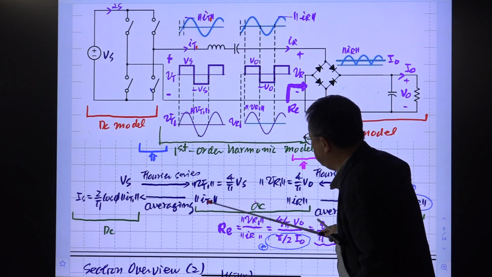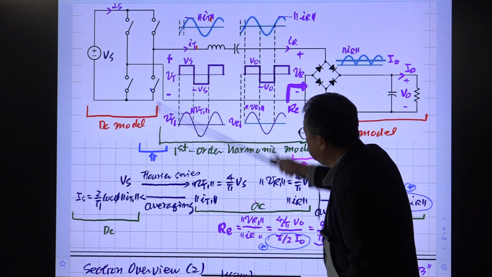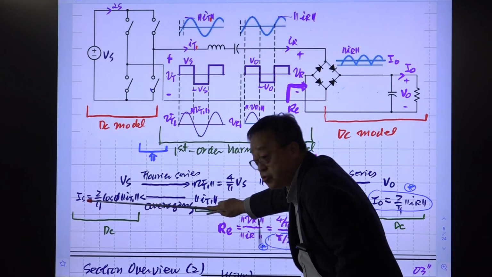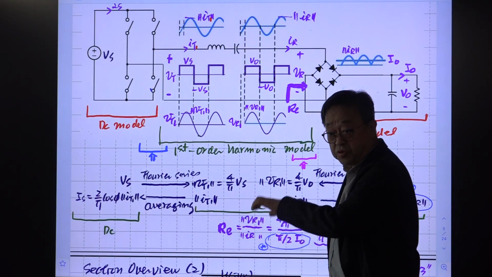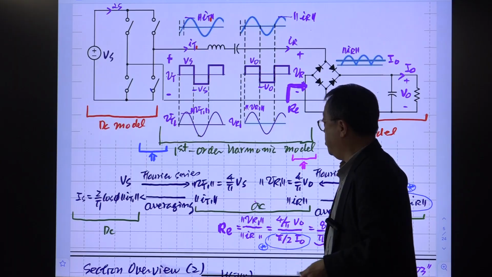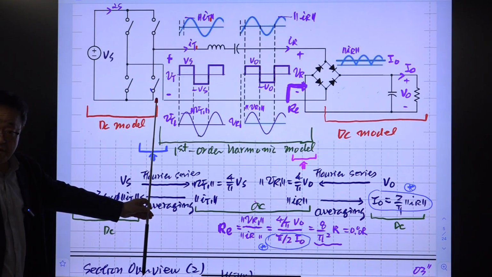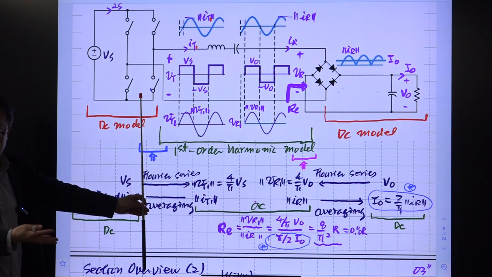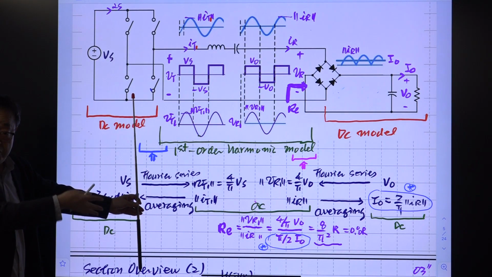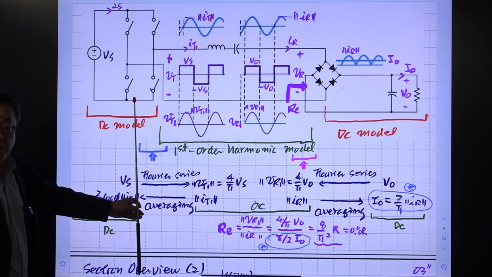So we know the magnitude of this current, then the DC current is this one because of the averaging process. So we discussed the connections in terms of the magnitude of DC and AC waveforms.